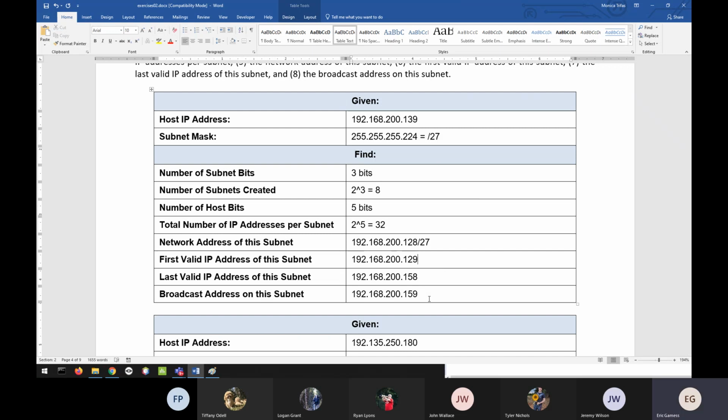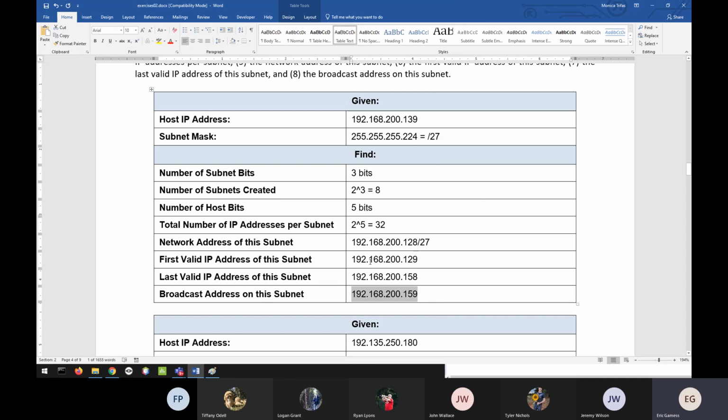If I ask you how many valid IP addresses we have in this network, what will be the answer? 30. Remember, if the total number of IP addresses is 32, we lose the first IP address. We lose the last IP address. So 32 minus 2 is 30.